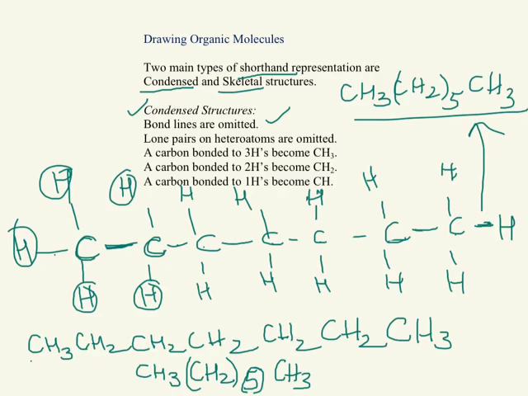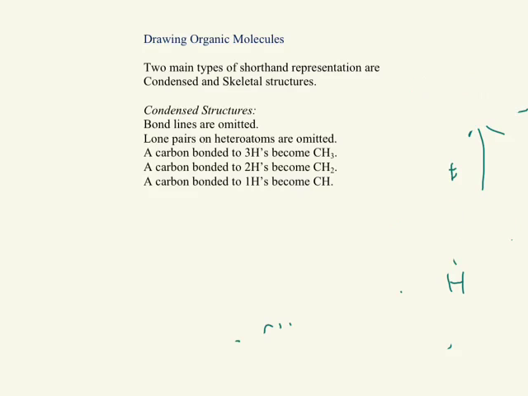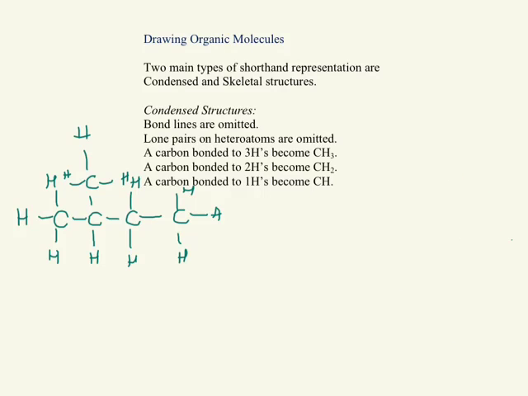Let's take some more examples for condensed structures. Example. The first one: if you look at this carbon, there are 3 hydrogens attached to it, so it is CH3. Then this carbon is attached to only 1 hydrogen, so we're going to write down CH.